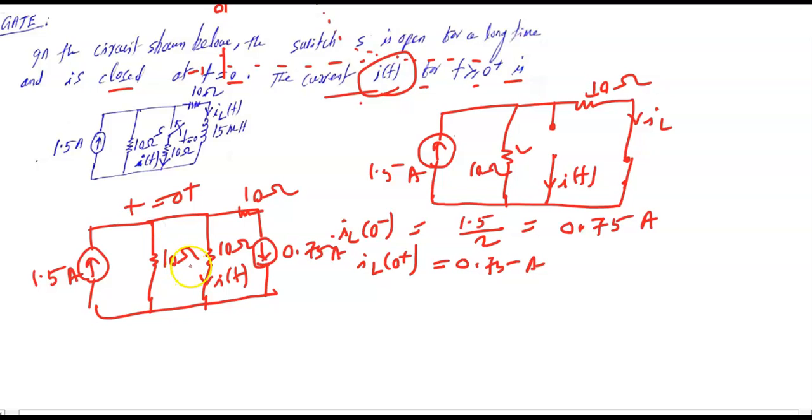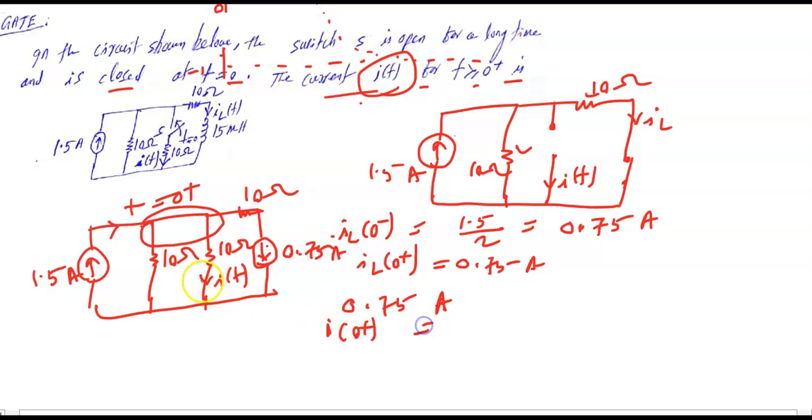Whatever the current is coming, the 0.75 is going here, and then we are left with 1.5, it is going 0.75, we are left with 0.75 ampere. This is the current going through both the equal resistors.